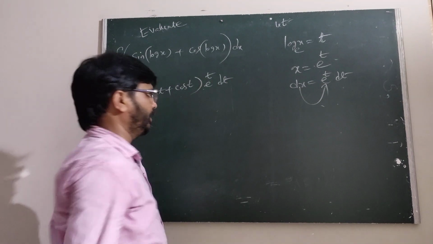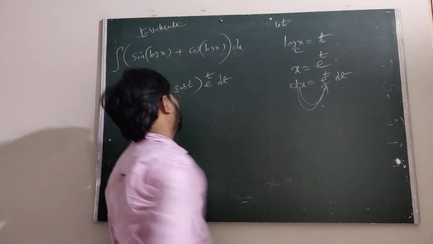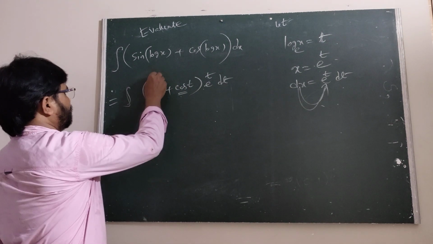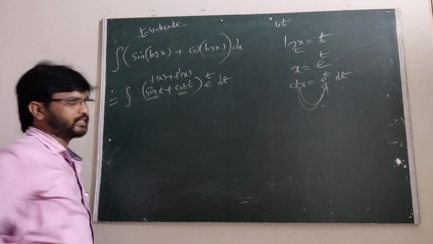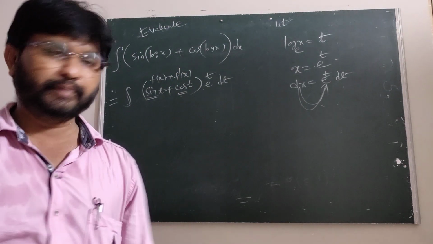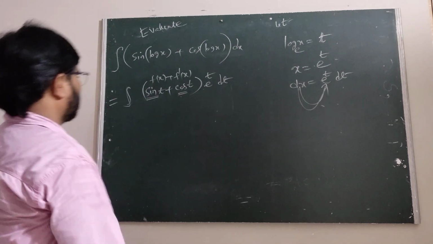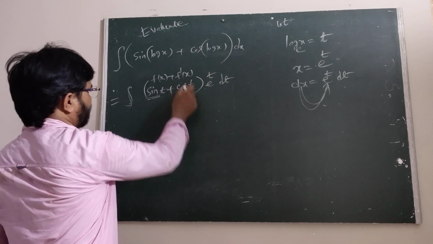Is it okay? Now here writing dx equal to e power t dt. The derivative of sine is cos. This will be taken as f of x, and this is f dash of x. Now the derivative of sin t is cos t.